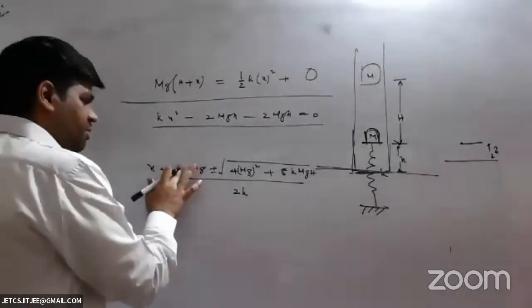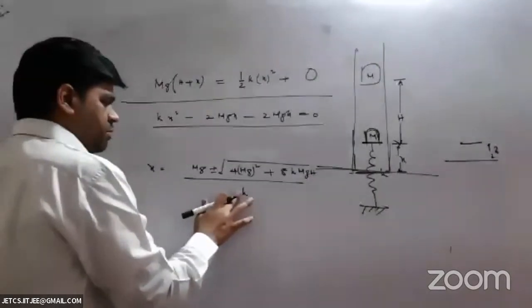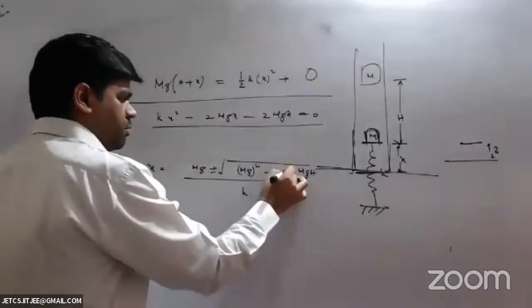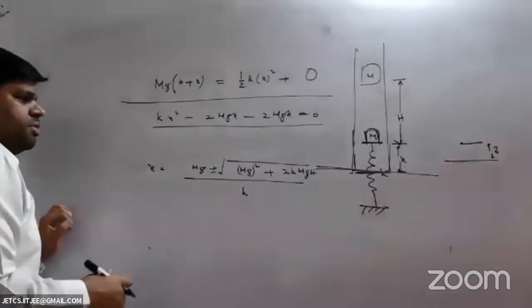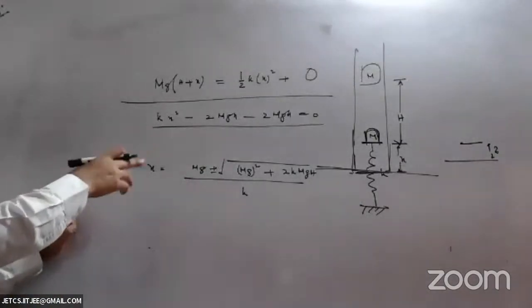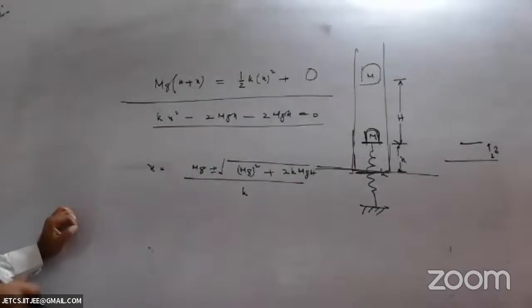So 2 gets cancelled out. I take 4 common, 4 out of the root, it becomes 2. 2mg plus or minus 2 root that, by 2k, 2 gets cancelled out. And this is your answer.